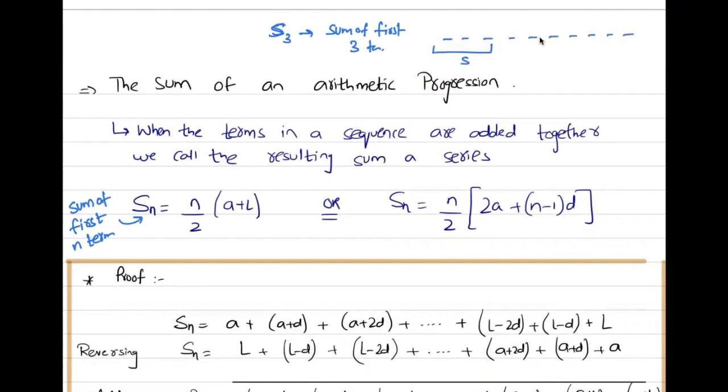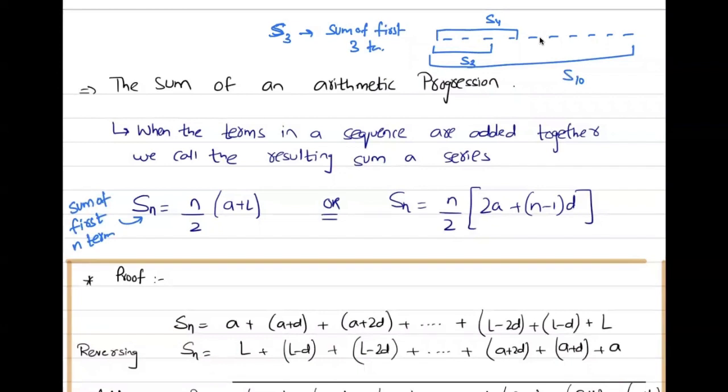S3 would mean the sum of the first three terms. S4 would mean the sum of the first four terms. S10 would mean the sum of all the 10 terms. So this is what Sn means. Sn means the sum of the first n terms.